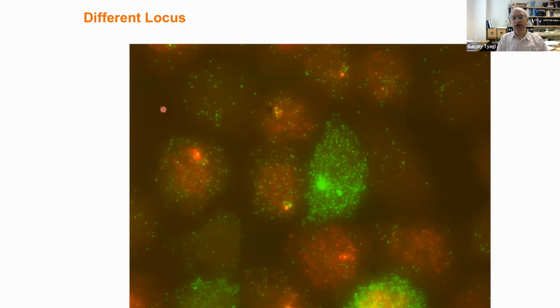So this is different loci, and you can see the cells that were making green RNA were not making red. Those that made red didn't make green. So I want to stress that these genes have the same promoter, the same thing turns them on, and yet they're expressing only one of the 2 genes.